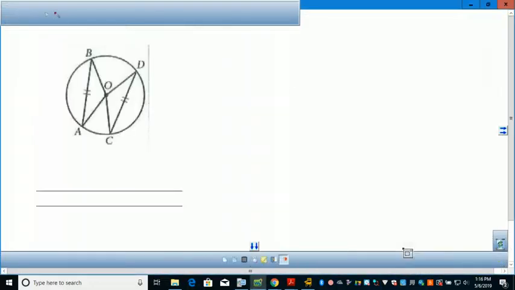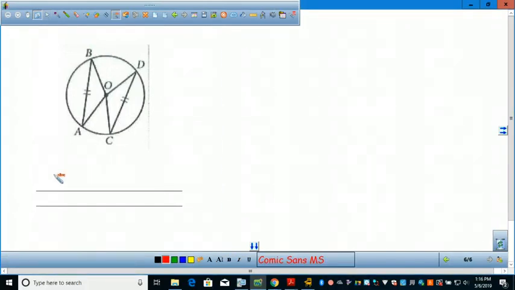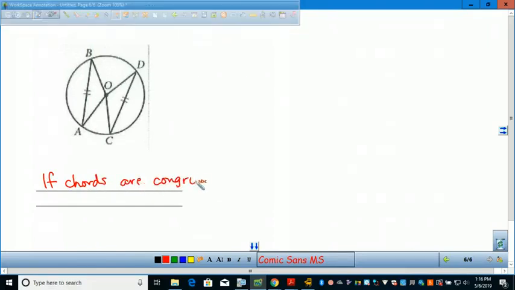This one has two congruent chords. If the chords are congruent, and that's what I'm going to write, then the central angles are congruent.